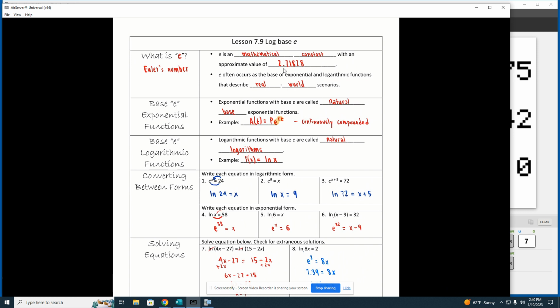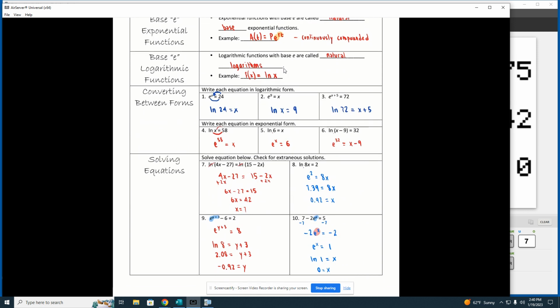Because it always occurs with exponential or logarithmic equations, instead of trying to make it fit into common log, or even changing the base of your log to 2.71828 every time, they decided to make it its own button, and that is ln, or natural log.